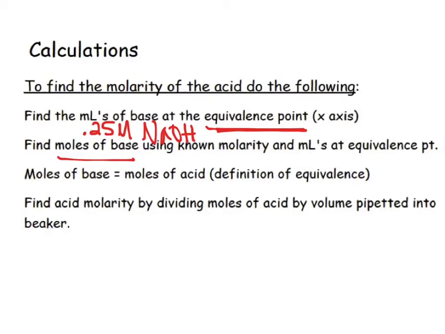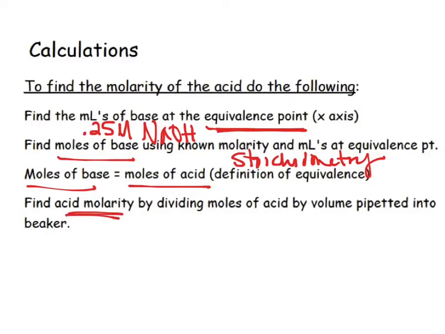And then your moles of your base is going to equal your moles of your acid. And we're going to do stoichiometry to figure out the molarity of our acid.